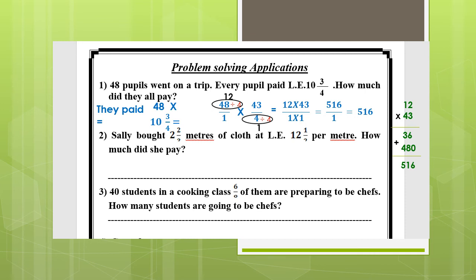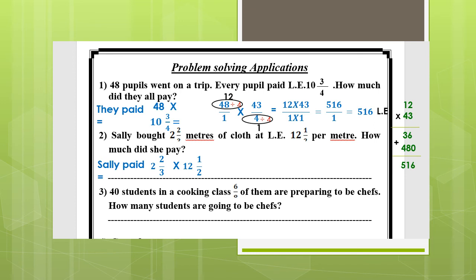Question number 2. Sally bought 2 and 2 over 3 meters of cloth at 12.5 LE per meter, which means each meter cost her 12.5 LE. How much did she pay? So I'm going to multiply the number of the meters, which is 2 and 2 over 3 times 12.5, the price of each meter.